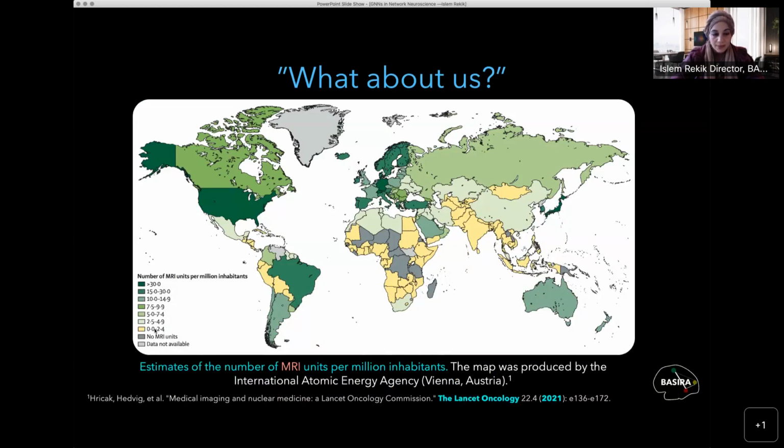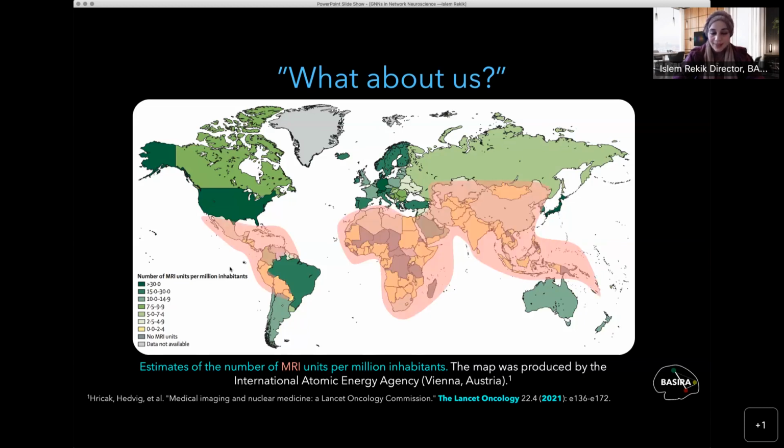In many of those countries, there is a very dire need of MR scanners. Half of the world here is colored in yellow, which means you have 0 to 2.4 MR scanners in those countries. Zero means a few of these countries might not even have an MRI scanner at all.